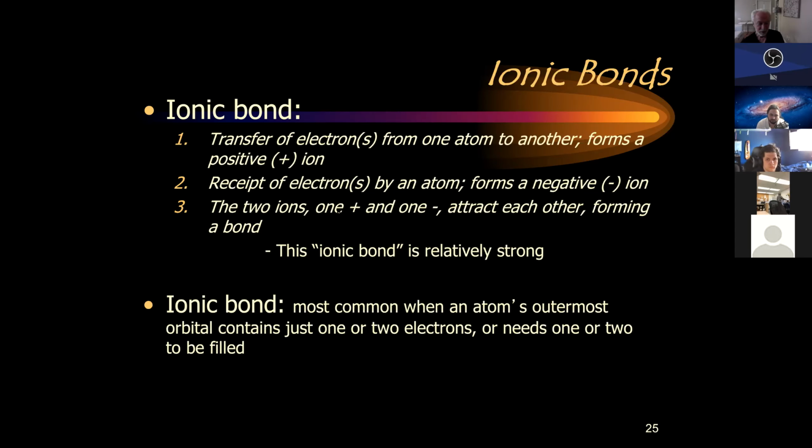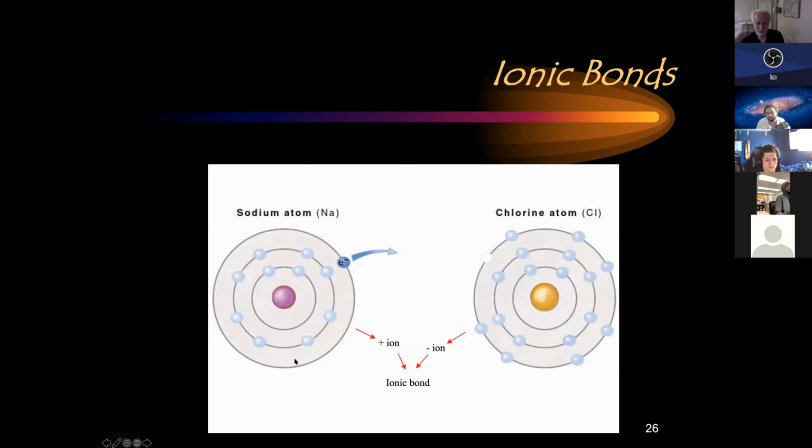So an ionic bond is most common when an atom's outermost orbital contains just one or two electrons or needs one or two electrons. Salt is one of the best examples of an ionic bond.